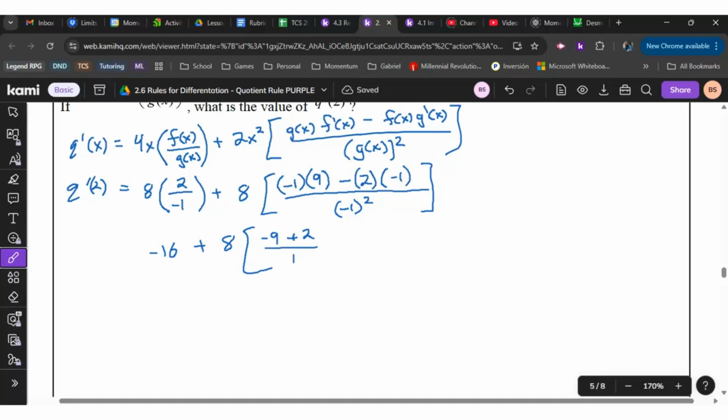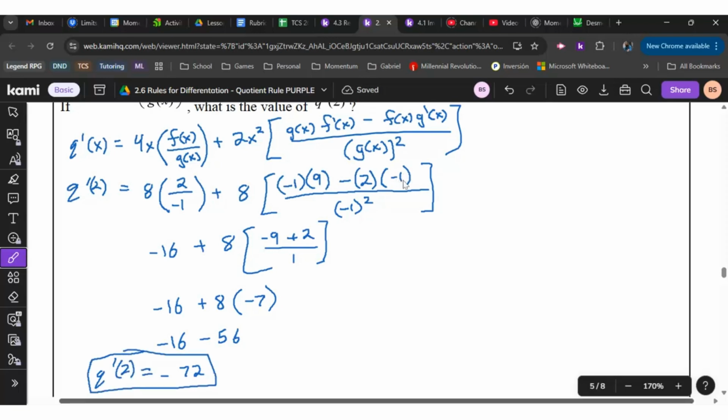Over -1 squared is over 1. That gives me -16 plus 8 times -7. -16 minus 56, which gives me -72. So Q prime of 2 is equal to -72.